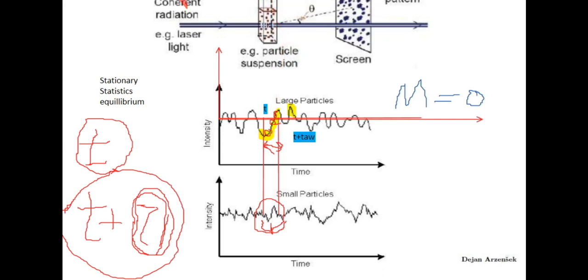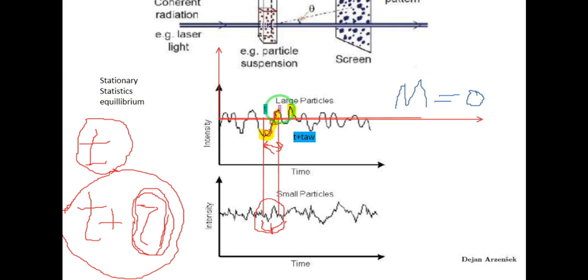Just imagine if you have one particle here, at this point, it takes time for the particle to fluctuate and change the light intensity to become here.